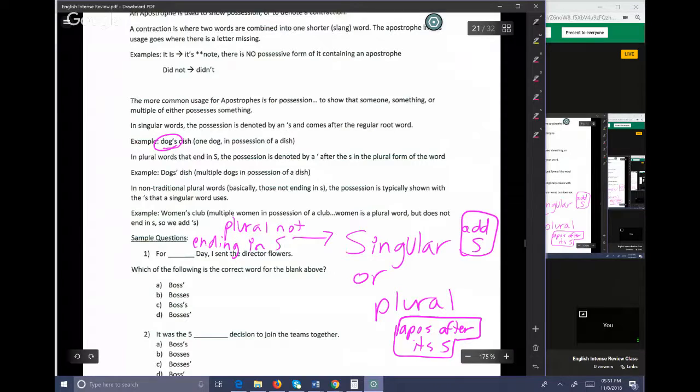So a plural that doesn't end in S, for example, women or men or children, we will do exactly the same thing we do with singulars.